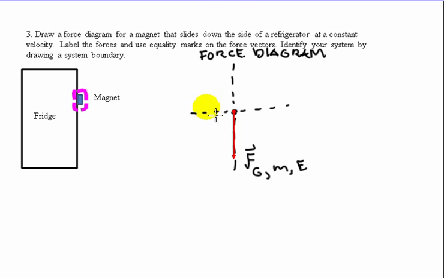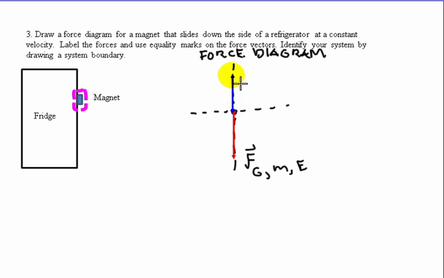There are a few other forces here. Well, what's going to oppose this downward gravitational force? Because at the end of the day, we have to have the net force add up to equal 0 if we're going to have this thing moving at a constant velocity. One force that I can think of that's going to oppose this downward sliding is a frictional force.